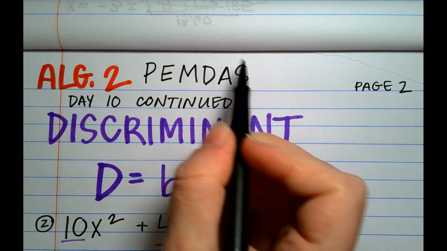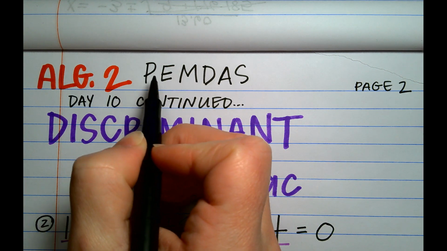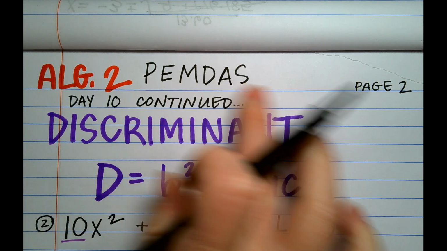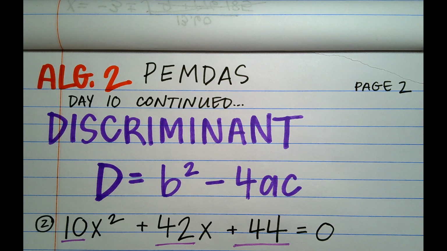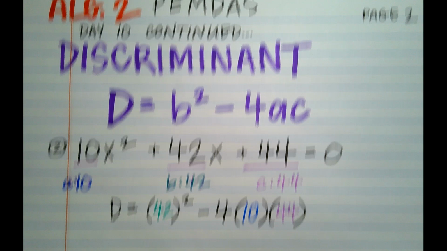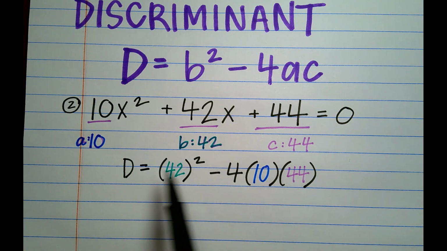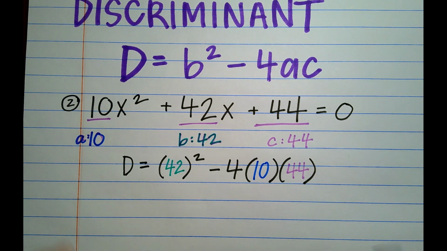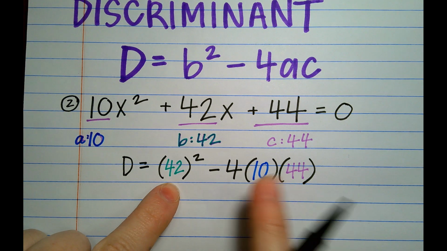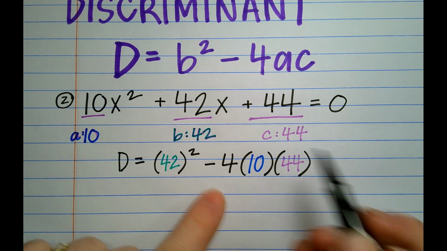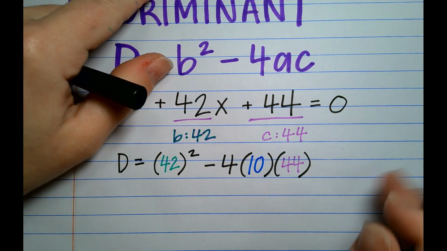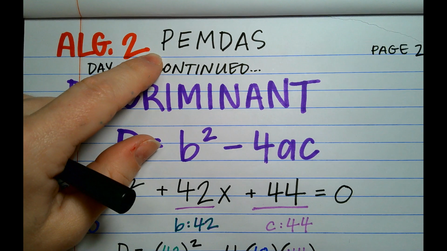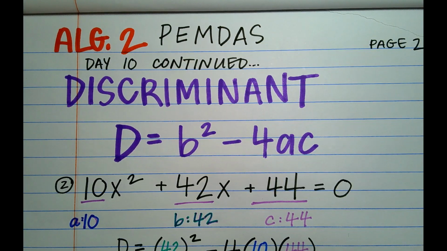So the order of operations tells us that we go in that order when we are solving a problem. First, we solve anything that is grouped in parentheses.